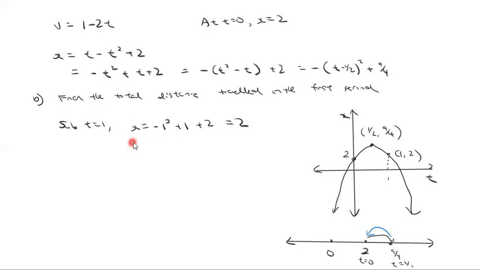Lots of students would then just say the distance is final displacement minus initial displacement, which is 2 minus 2, which is 0. And as you're pointing out, that is clearly wrong.